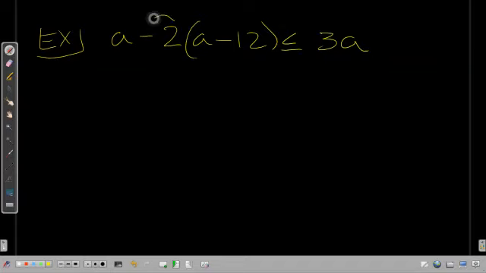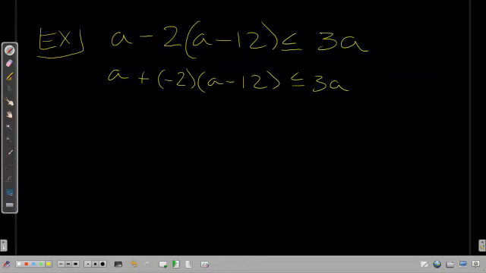When I distribute, the number to distribute inside is -2, because this is really saying a plus this other stuff. It's a plus this term.